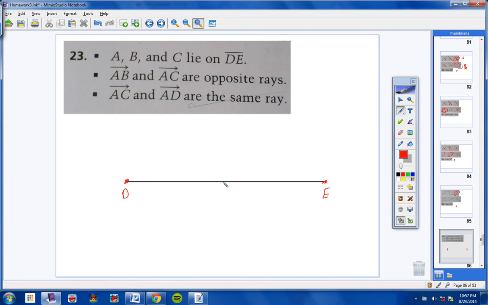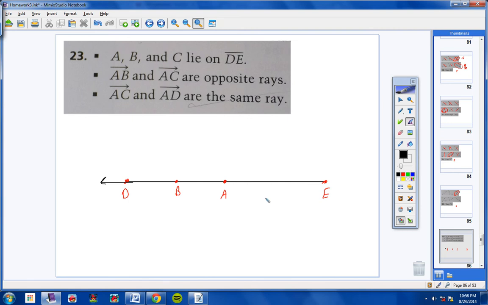Okay, so let's see. A, B, and then we're going to extend this segment here and put an arrow on the end, okay?